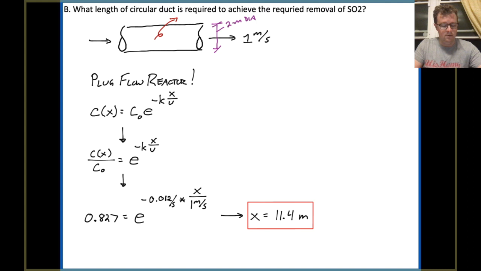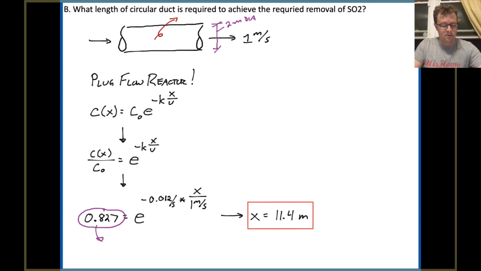distance. And I've written this previously, and as I'm sitting here working on this, I'm thinking to myself that I screwed this one up. 82.7% is how much removal we needed.